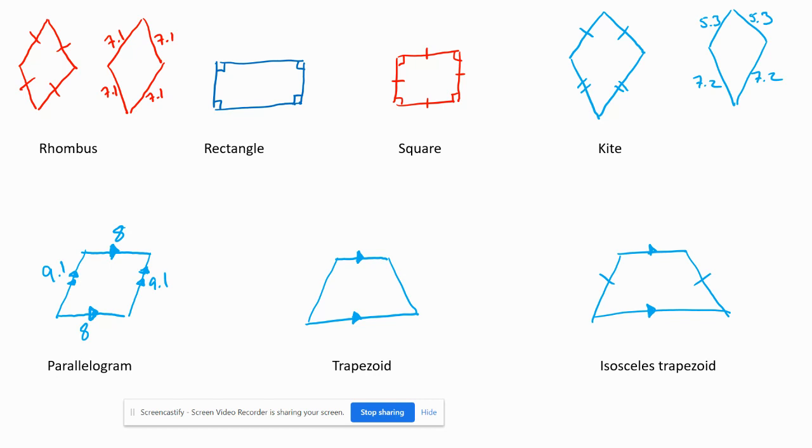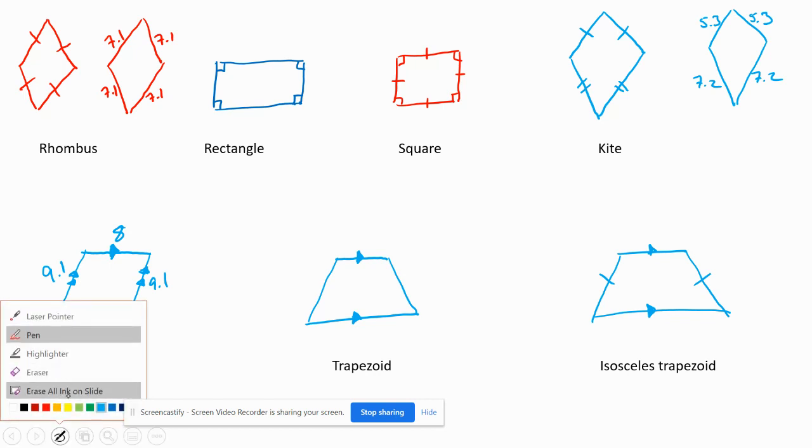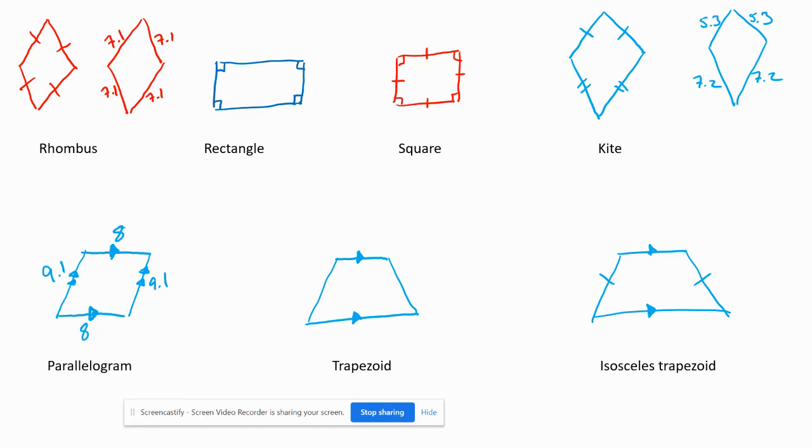Now, another interesting part in trapezoids when it comes to angles is that the two angles on the left must add up to 180. That's an example. I can call this 100 and I can call this 80. Those two angles have to add up to 180. The two angles on the right also have to add up to 180.